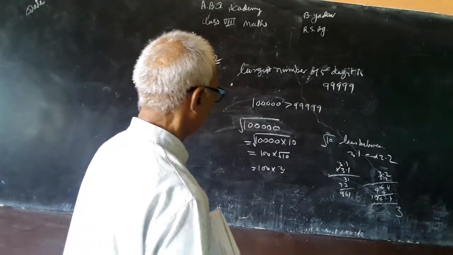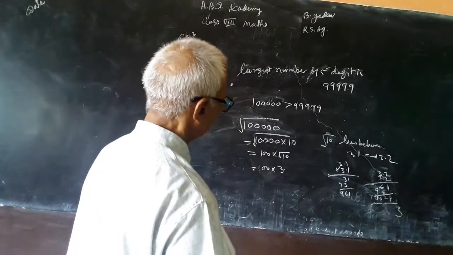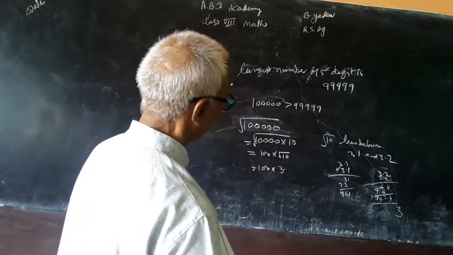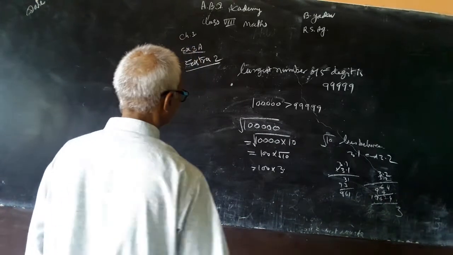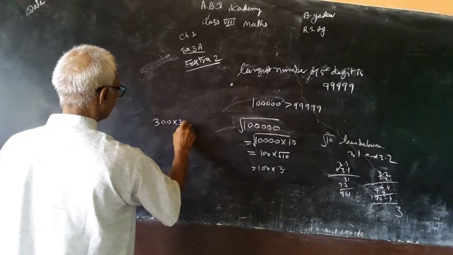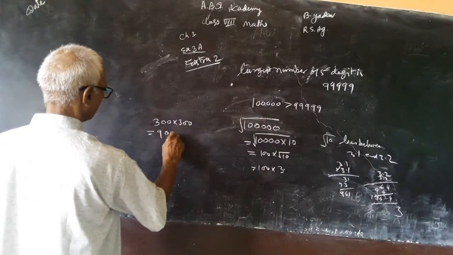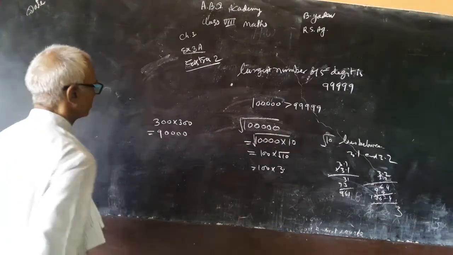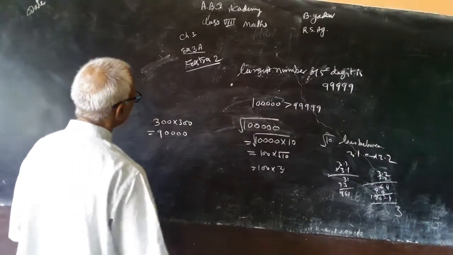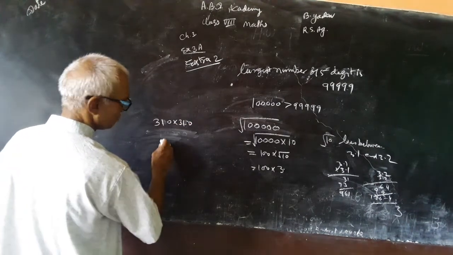Similarly, 100 into 3 is 300, whose square is 9 followed by 4 zeros. When you take 310 into 310, then what will come?